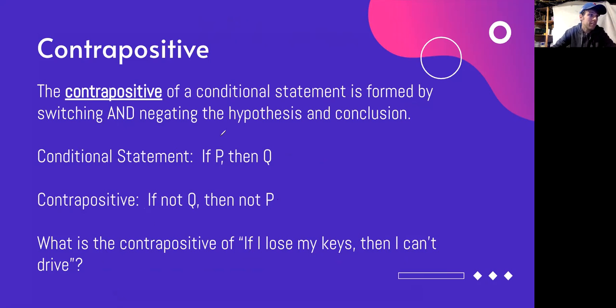That'll be our contrapositive. So if I lose my keys, so I lose my keys, that'll be our P, then I can't drive. So we want to negate these. So I lose my keys. I don't lose my keys. I don't want to say I haven't lost my keys because that's changing lose to lost.